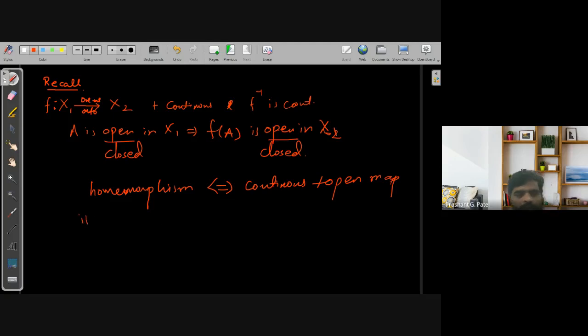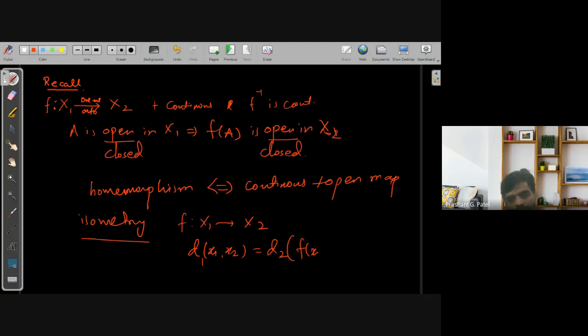Then we talked about the isometry. So there will be an isometry between two spaces if there is a map which is distance preserving. That means for every x1 and x2 in X1, the distance will be preserved, and it is called the isometry.